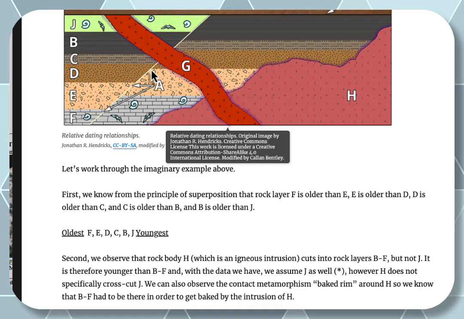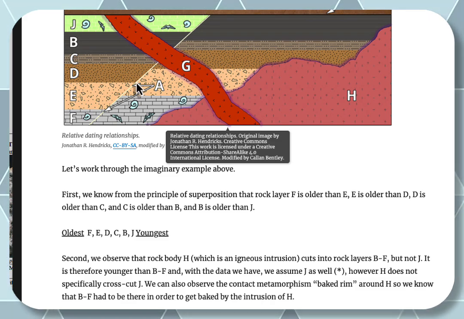So what would be next would be either the intrusion of this granitic rock H, because there's this contact metamorphic or bake zone burning these sedimentary rocks, so that's coming after the sequence F through J, and then it's probably letter A, the fault.